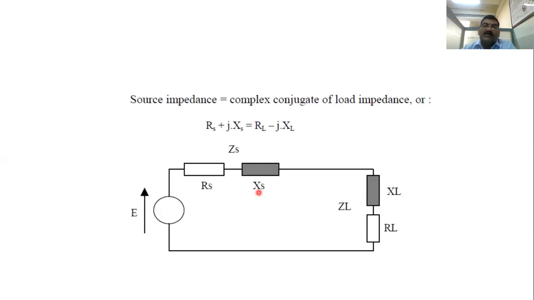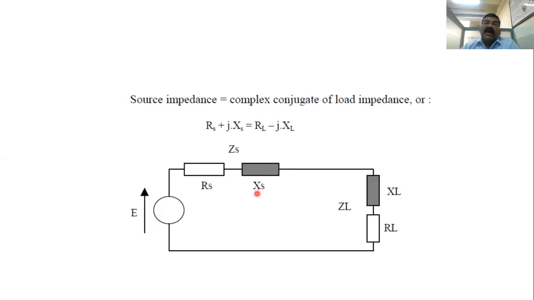This X part is called the reactance, and it is the imaginary part. What is this reactance? The reactance is the opposition offered by either your capacitor or your inductor. So this X is the reactance.